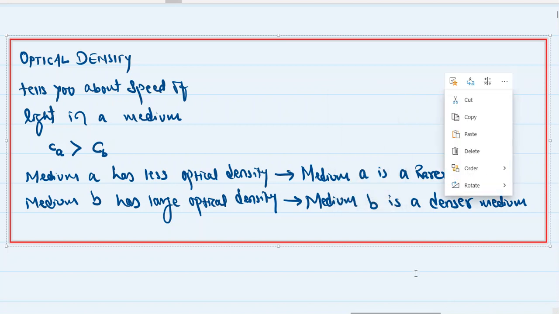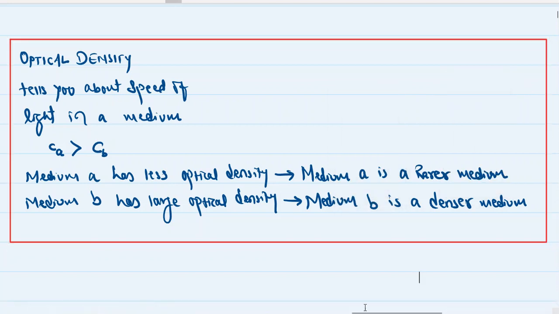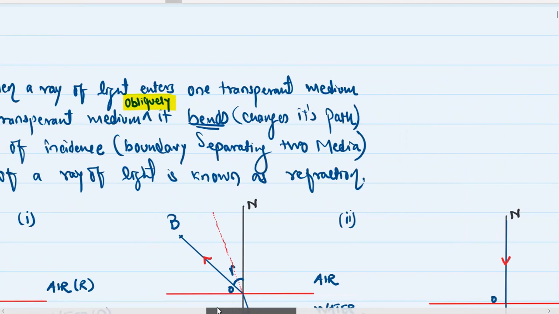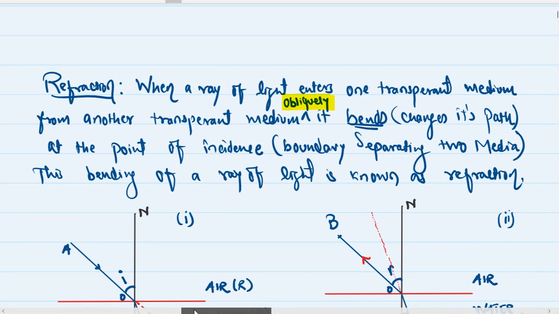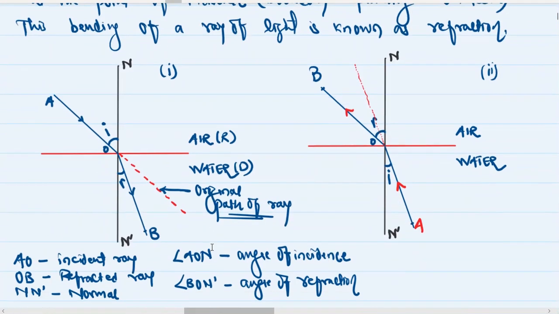Now, the mediums which we are considering here, in the example which we are seeing, are air and water. So air is optically rarer and water is optically denser. Now, what do you mean by that?